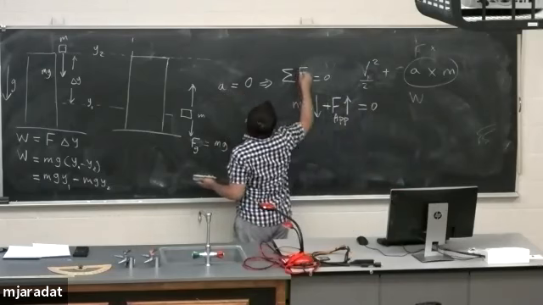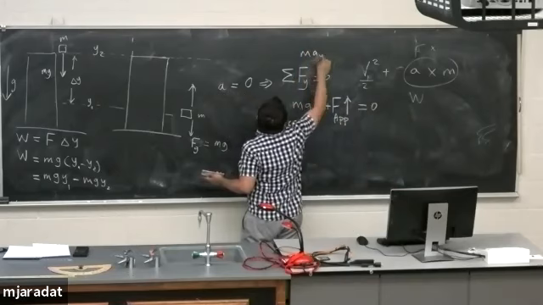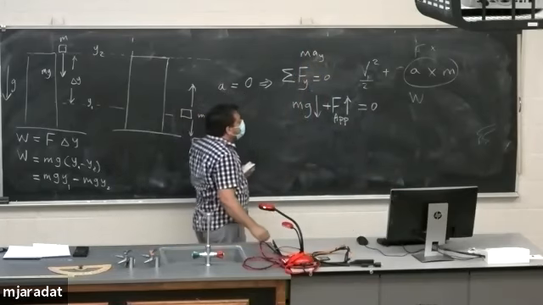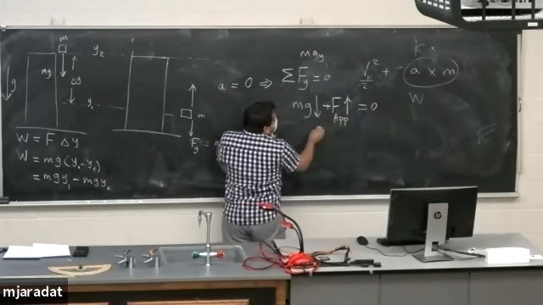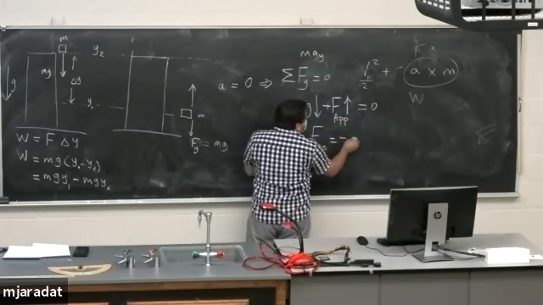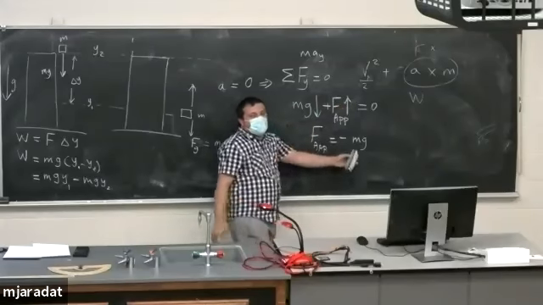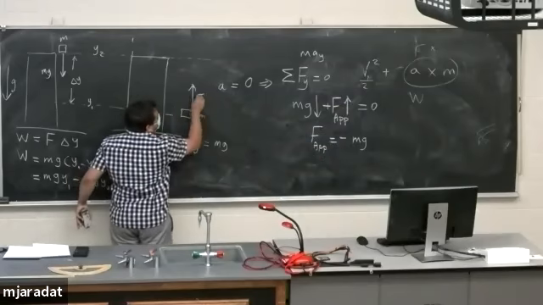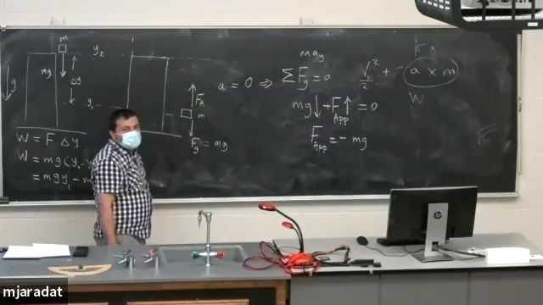Why? Because Fy is equal to ma in the y direction, as Newton's second law. In this case, I need the applied force to be equal to minus mg, because if I move this to the opposite side, it will be negative. Okay, so the applied force should be equal to mg.